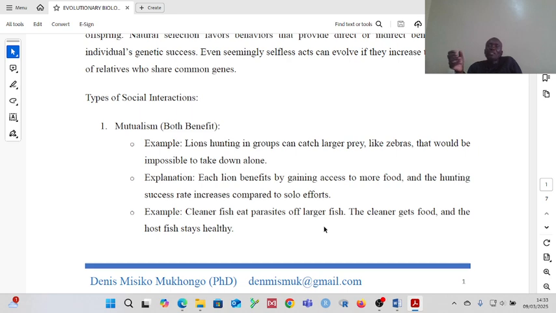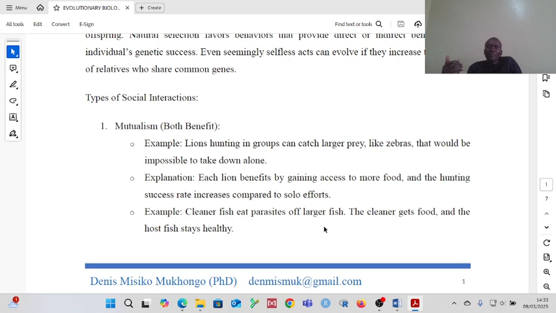But when they are out there hunting in groups, it increases the success rate of their bringing down the buffalo. By doing that, based on the size of the buffalo, the lions in that particular group now gain access to more food.